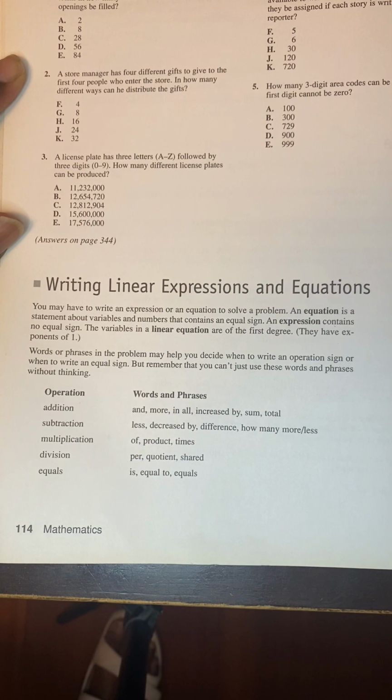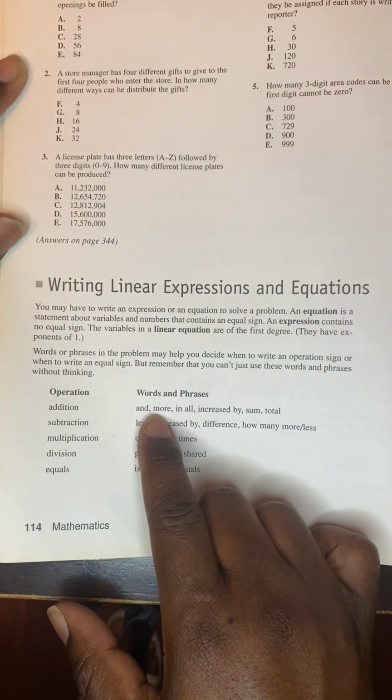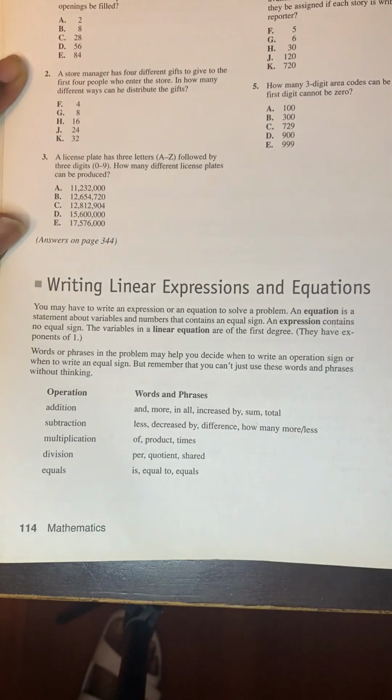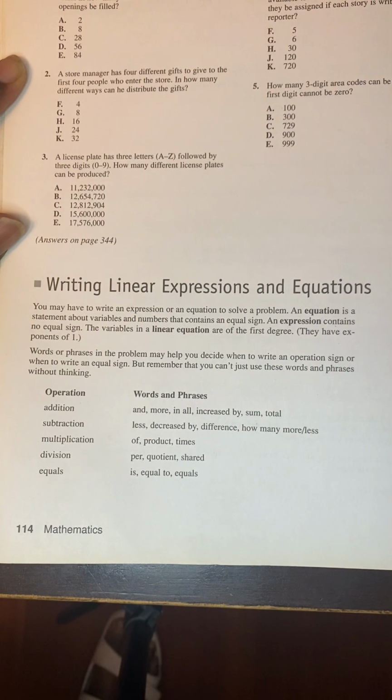Of course, you want to look at words that give you hints as to what operations you should use in your expression or in your equation. So if they're talking about addition, they may have the word and or more or in all or increase by or sum or total. Subtraction: less, decreased by, difference, how many more or less. Multiplication, they use the words of, product, times.